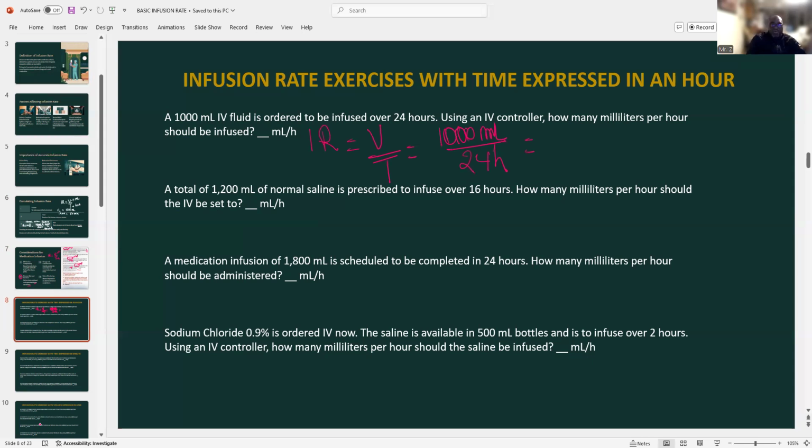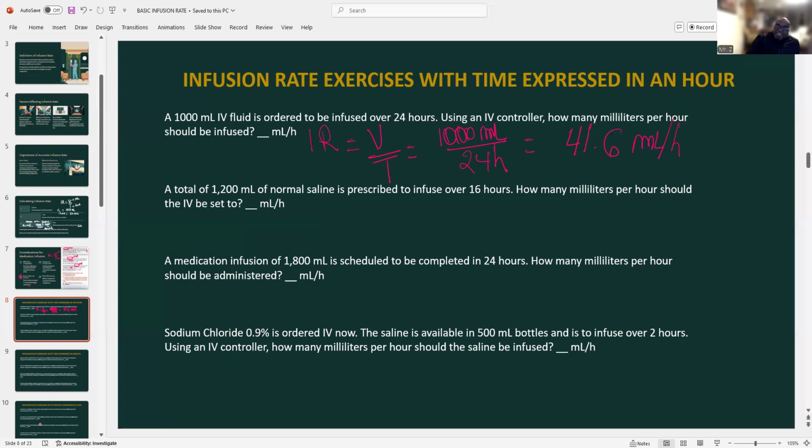You got 41.6, but you have to round it to a whole number. So you got 41.6 milliliter per hour. Since we need to round that to the whole number, you will look right where you're supposed to stop. I'm supposed to stop right here at the whole part, 41. I look at the number that comes right after the decimal point.